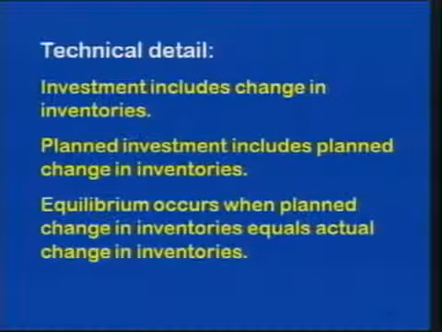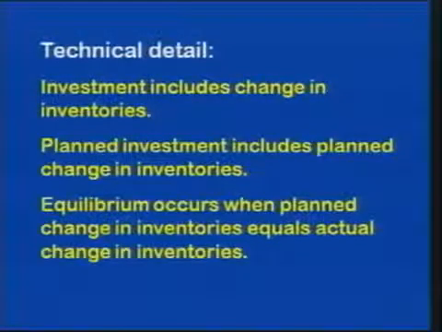And then a way to look at equilibrium is that equilibrium occurs when the planned change in investment in inventories is equal to what actually occurs for the firm. So if the firm had planned at the beginning of the year to have no change in inventory, but they experience a positive change in inventory, that is, their inventory is actually going up by 5%, then that is not equilibrium, because that's going to induce them to reduce their production, because they're increasing their inventories more than they wanted to.